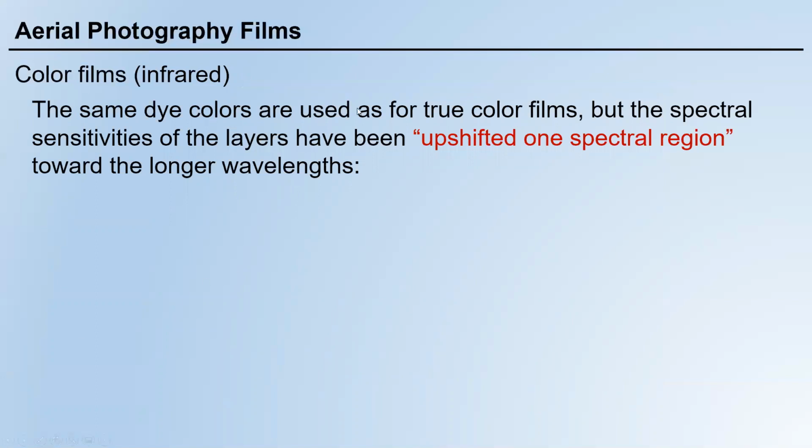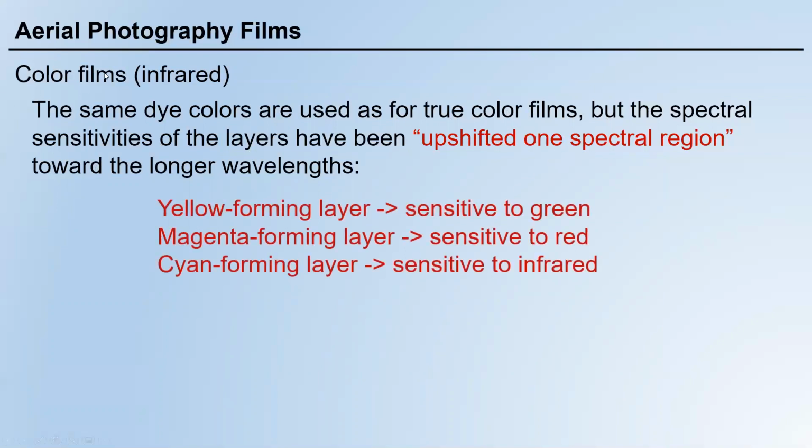The same dye colors are used as for true color films, but the spectral sensitivities of the layers have been upshifted one spectral region toward the longer wavelengths. What does it mean? Yellow forming layer now is sensitive to green instead of being sensitive to blue.